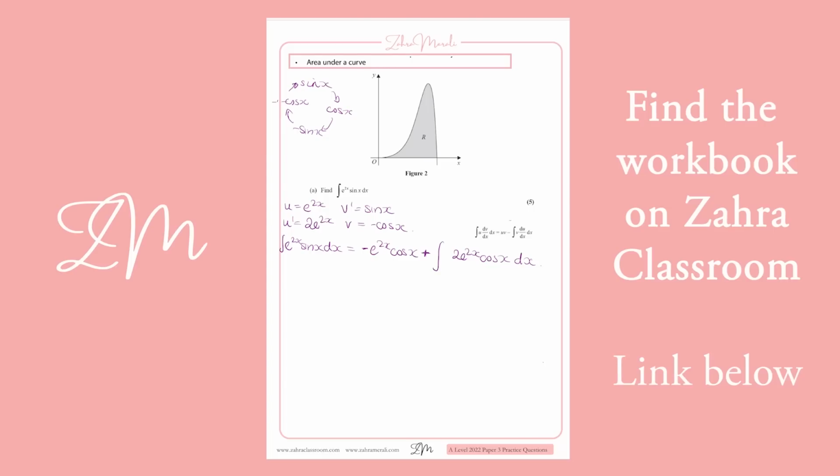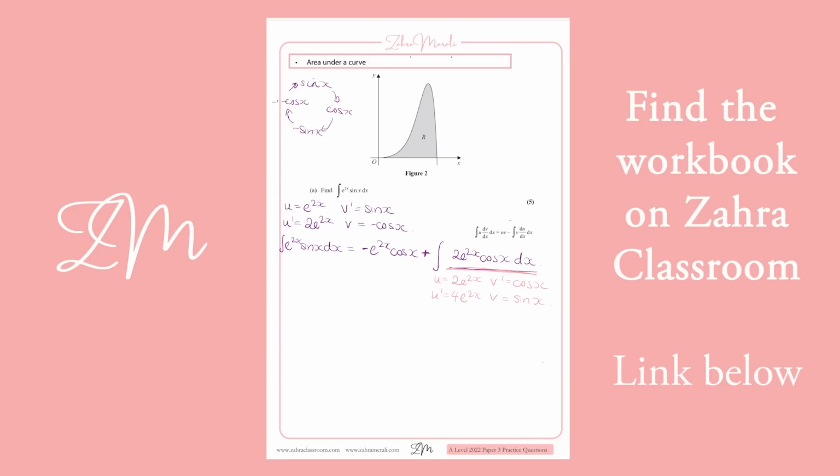Now what we've got to do is do this process again using this bit here. So here our u is going to be 2e to the 2x. Again, it doesn't matter. That's going to be cos x. u dash will be 4e to the 2x. And cos integrates to sine.